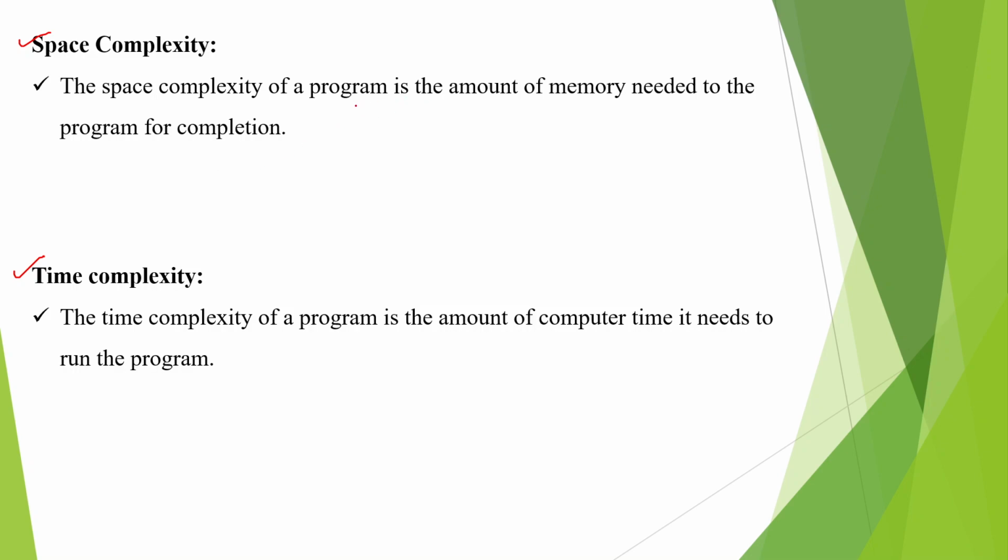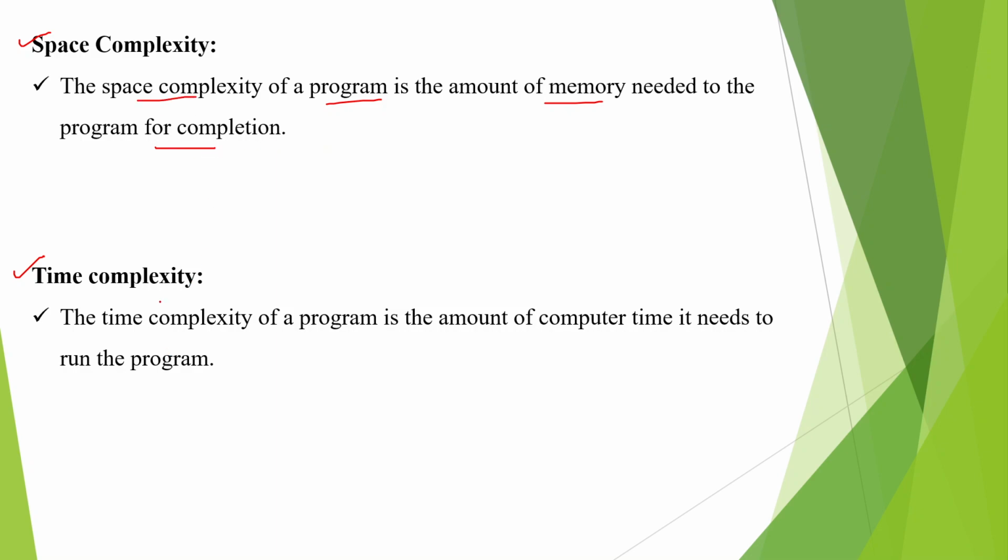Space is nothing but memory, ma. The space complexity of a program is the amount of memory needed for the program for completion. The amount of space, the amount of memory needed to execute that program is what we call space complexity.